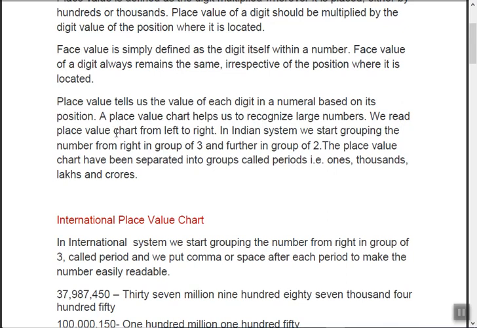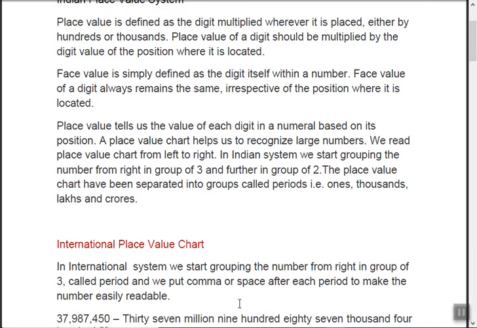We read the place value chart from left to right, right? Suppose I write 325, what will you say? You will say 325. Means you are reading from left to right. That's what the sentence means. In the Indian system, we start grouping the numbers from the right in a group of 3 and then further in groups of 2.